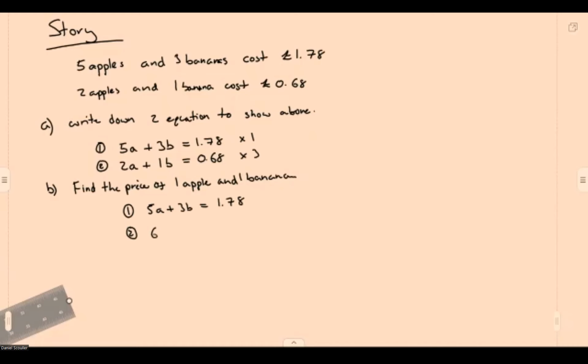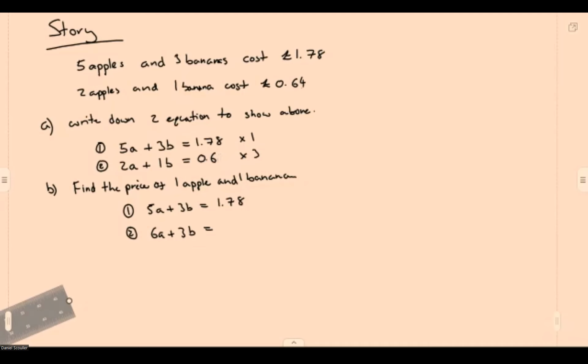Two becomes 6A plus 3B and equals 0.68 multiplied by 3. Why am I writing 0.68? Should be 0.64, sorry.